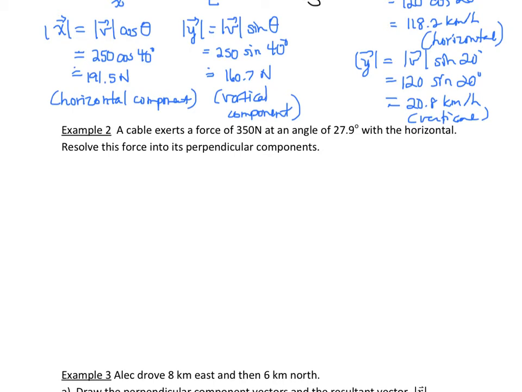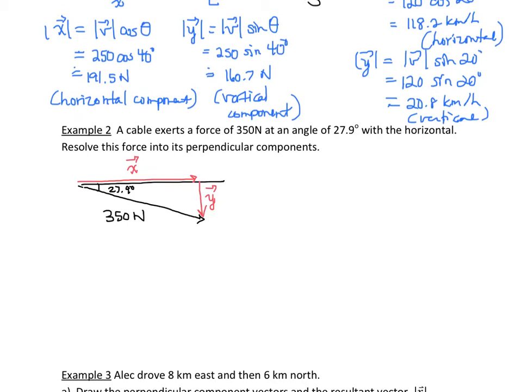So you've got a force of 350 newtons acting at an angle of 27.9 degrees to the horizontal. So we could draw a picture of that as so. And we want to resolve this vector into its horizontal and vertical components, which would be here and here.